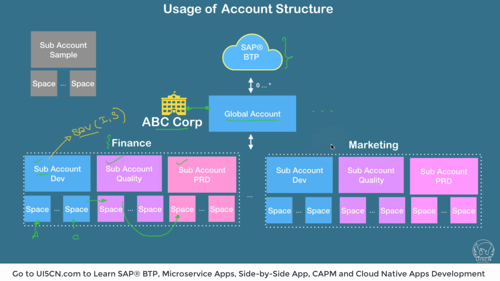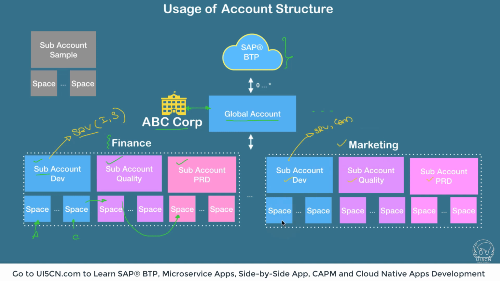And similarly, the marketing team can also have 3 different sub accounts. One is used for development, one is for quality, and one is for production. And each sub account might have different services, different connectivity options, different members and users. So all that can be different for each sub account within marketing as well.